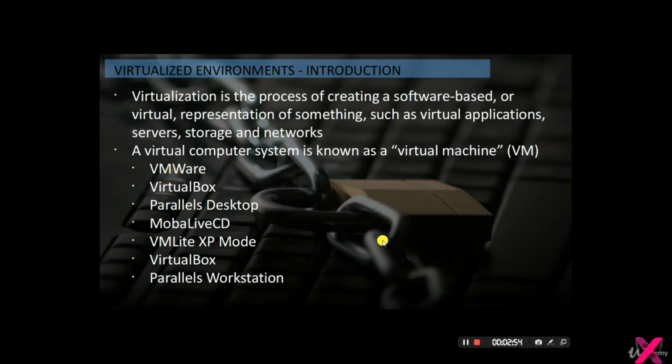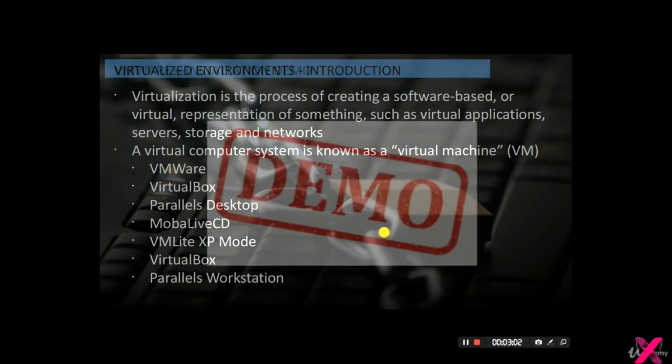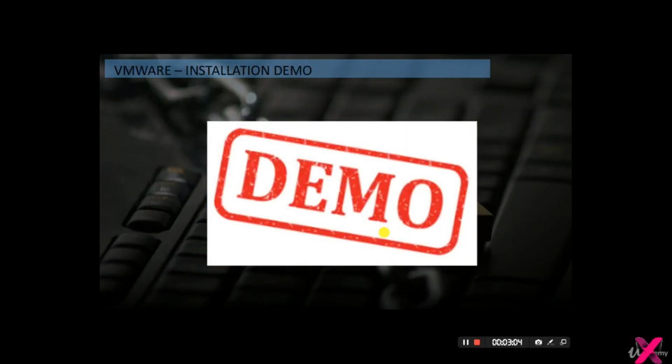It makes the work a lot easier. Again, from my perspective, I'm going to be using VMware, but you are more than free to use whatever you want. And now, I'm sure you want to get your hands a little dirty, so we're going to do our first demo, and that is going to be the quick installation process for VMware.